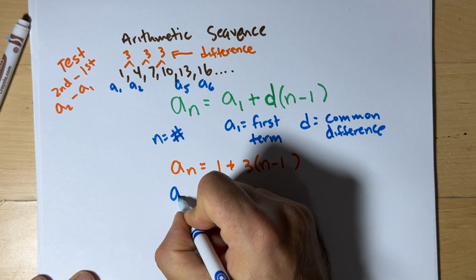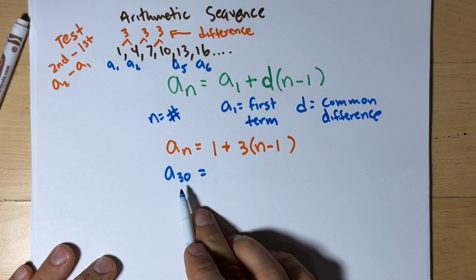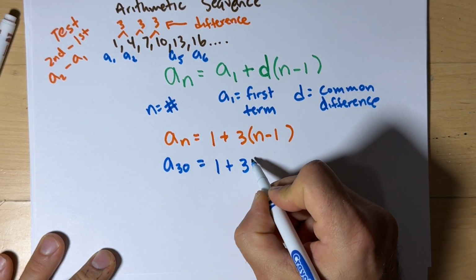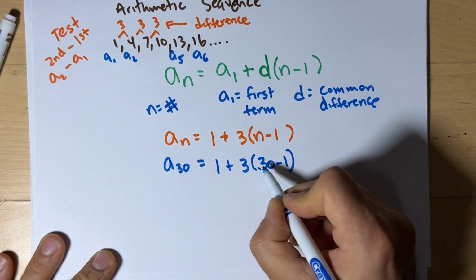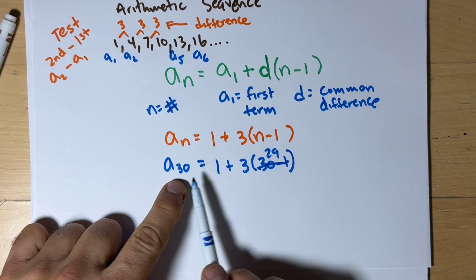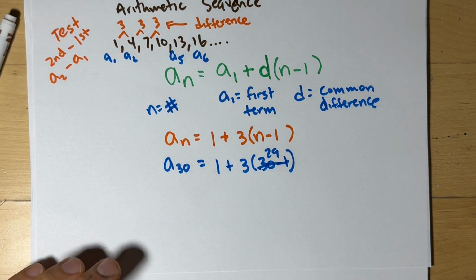So let's try that. a30 means we want to find the 30th one in this pattern. We take the first one plus 3 times 30 minus 1. Okay, now that's going to become 29, because to get 30, there's the first one plus 29 more. That'll make 30.